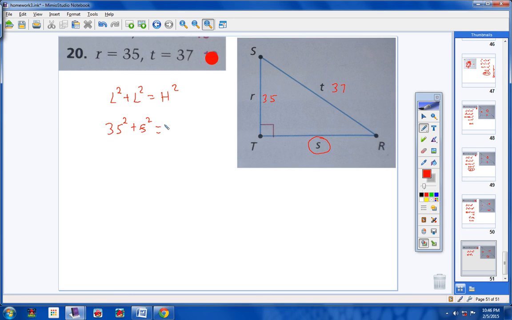And the hypotenuse, excuse me, is 37. Now, if you square 35, you're going to get 1,225. Bring down your s squared. And if you square 37, you're going to get 1,369.